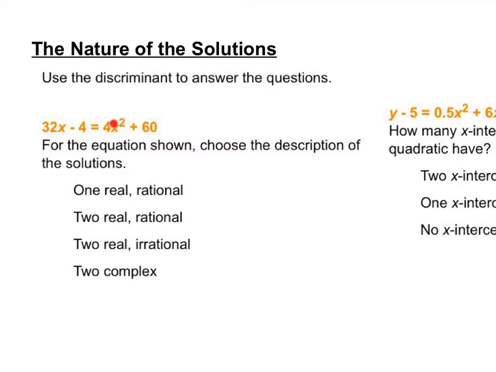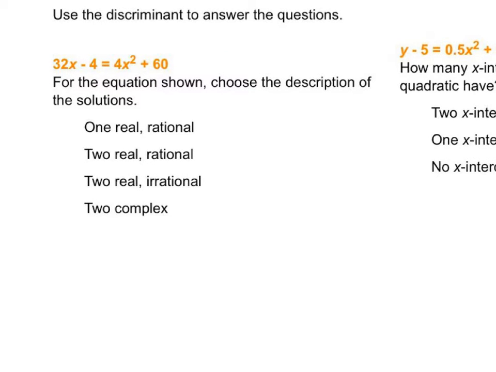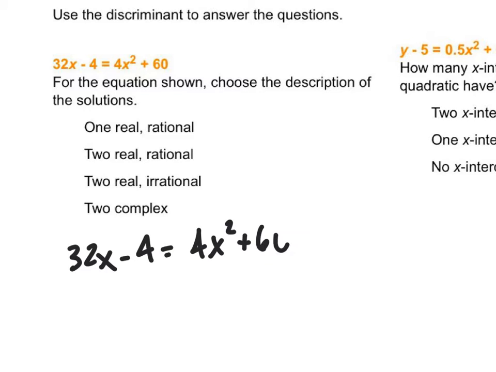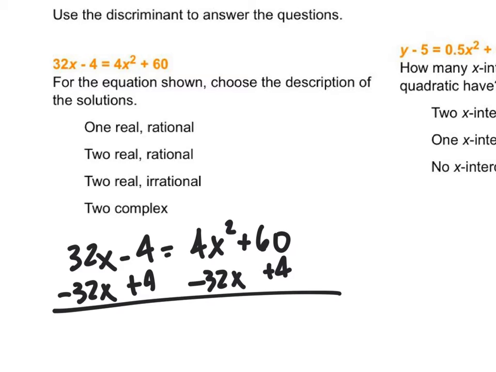Let's take this equation here: 32x minus 4 is equal to 4x squared plus 60. Let's subtract 32x from both sides, and then add 4. So we get 0 is equal to 4x squared minus 32x plus 64.